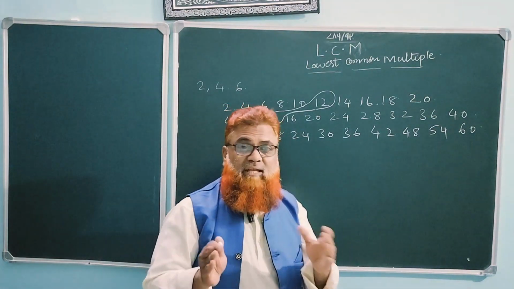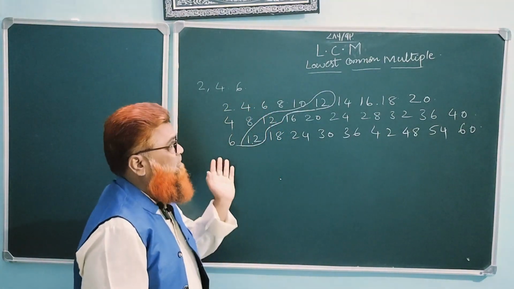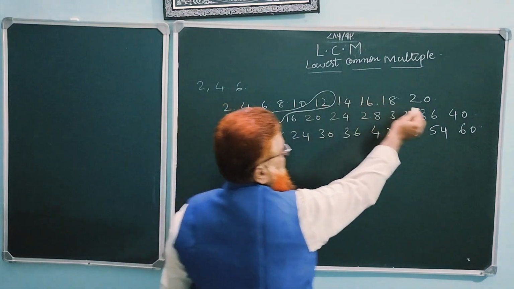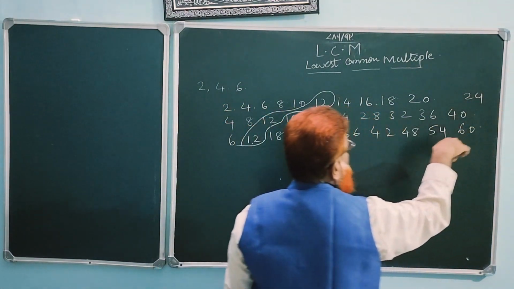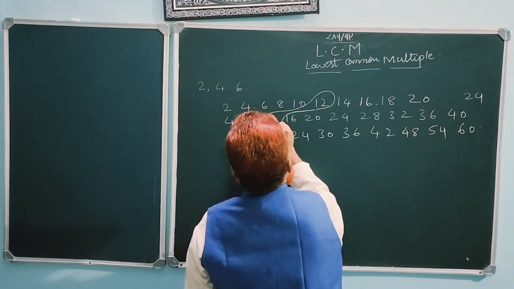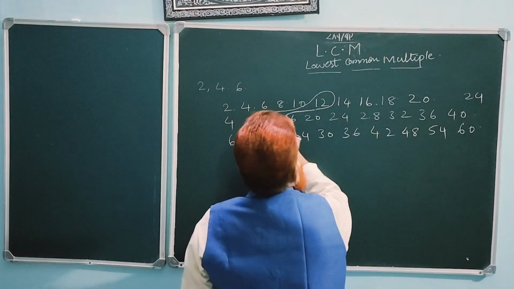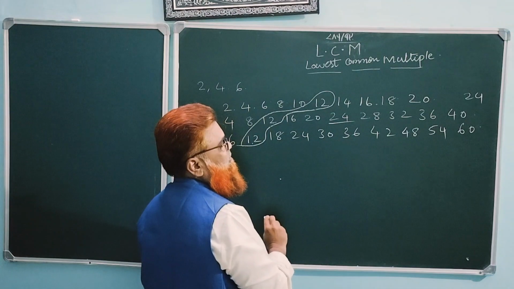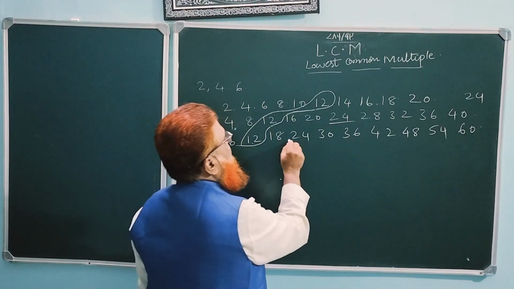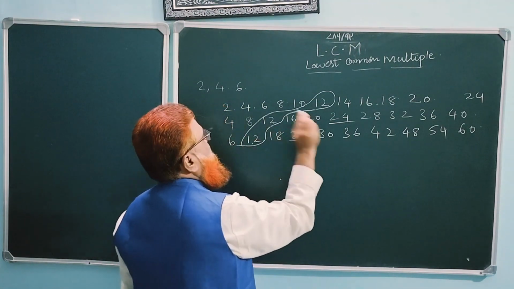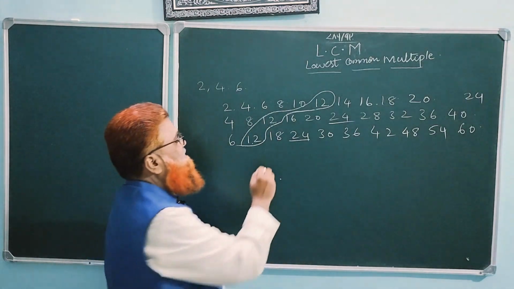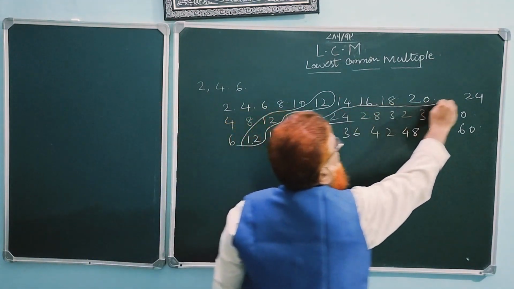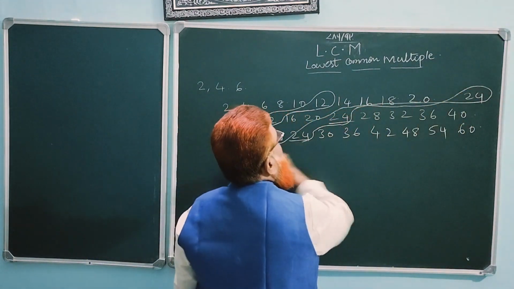You may be wondering what the second common multiple is. Just multiply 12 by 2, which is 24. It has already come in the multiples of 4, where 4 6s are 24, and in 6, where 6 4s are 24. So this is the second common multiple.